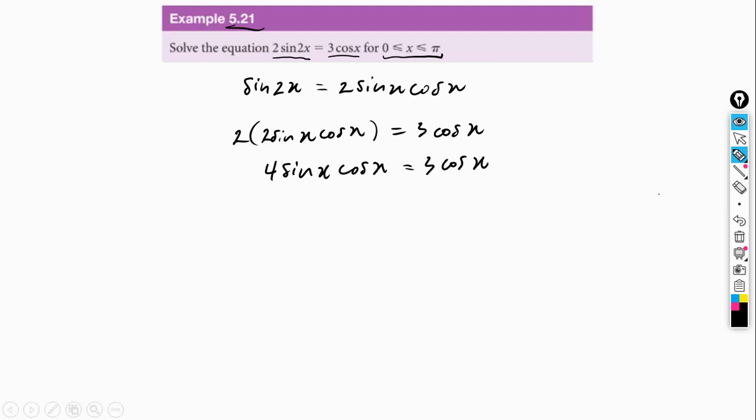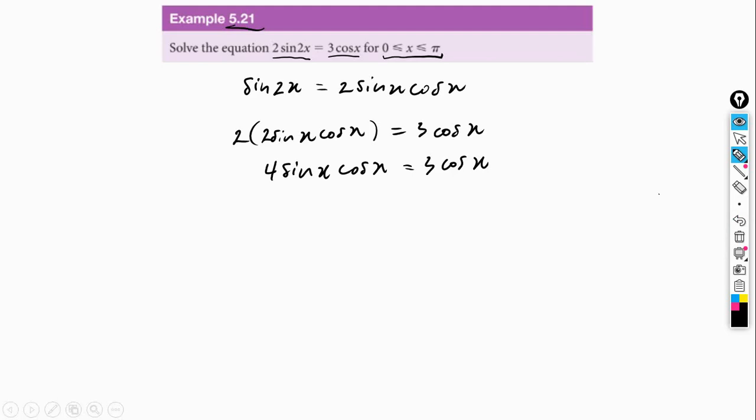Now, one common mistake is the temptation to cancel out cosine. Because we have cosine on both sides of the equation, then we think we can just cancel it out using the algebraic properties of dividing with the same value on both sides of an equation. But when we're solving trigonometric functions, we don't want to do that because we might actually cancel out a valid solution. What we really want to do is always bring all terms to the left-hand side.